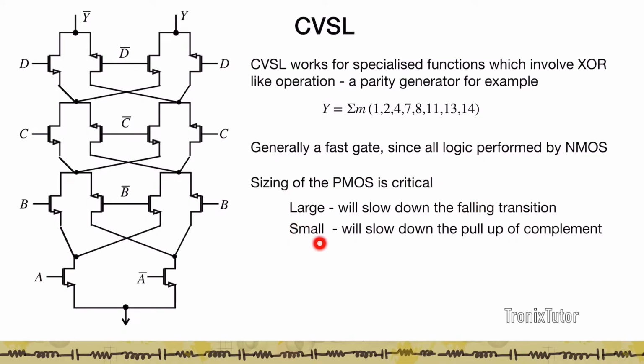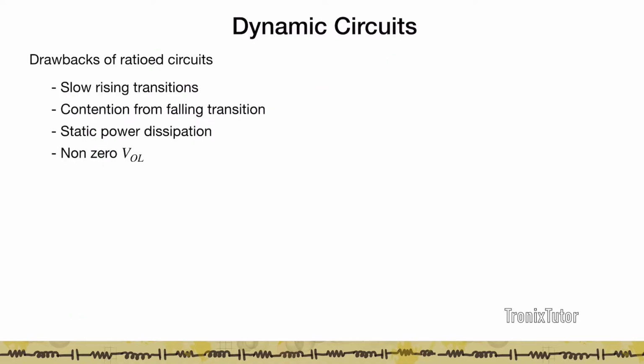And if you keep it too small, then it would slow the pull up of the complement. So remember, a CVSL gate needs to supply both the true and complement values. So if you make the PMOS too small, the complement is going to appear at a much longer delay after the true value appeared. And because of this, generally this is very poorly suited to interface with NAND or NOR logic. It is used in special cases. Again, we'll see that mostly we don't use that in today's technologies.